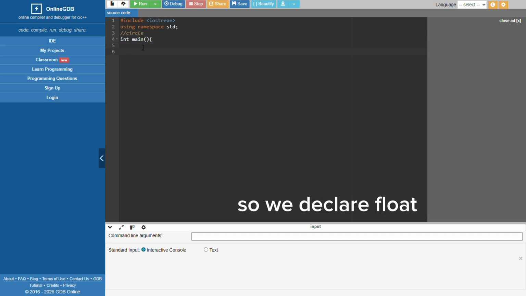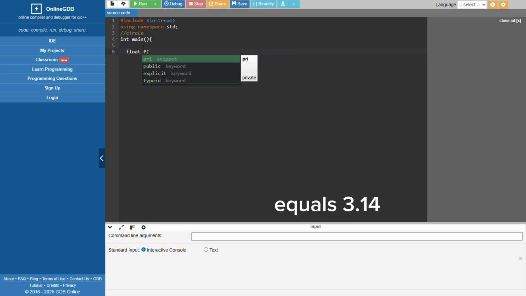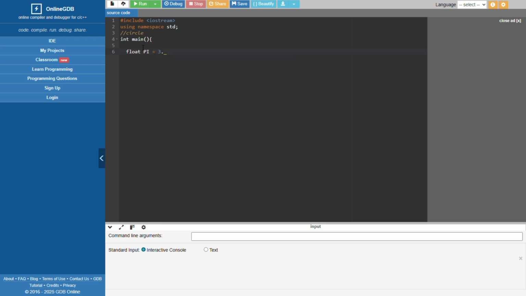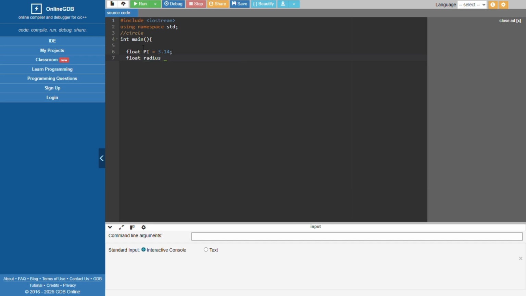So we declare float pi equals 3.14, and we declare the values or the things that we need to solve in the program.